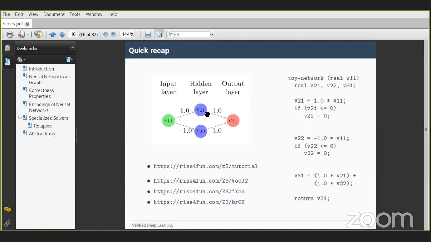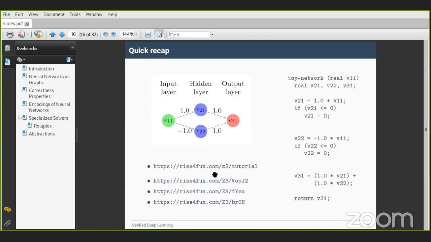So this is a quick recap of what we had done. This is just one example that I've borrowed. I'll not go over this example again, but somebody had remarked that they have not looked at Z3, so I've added a link to a tutorial on Z3, which is easy to follow. In the next class we'll try a slightly more organized way of looking at some of these Z3 examples and how we can use Z3 to encode certain problems and find answers.